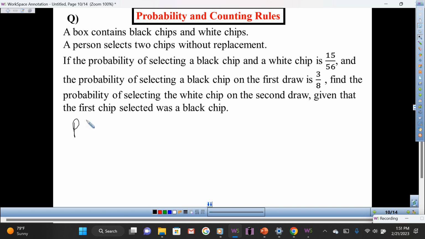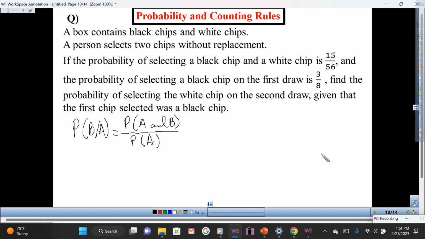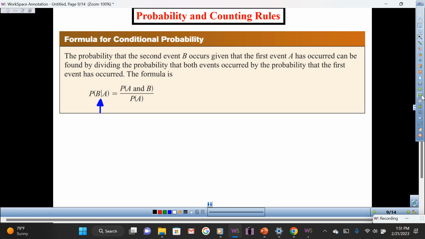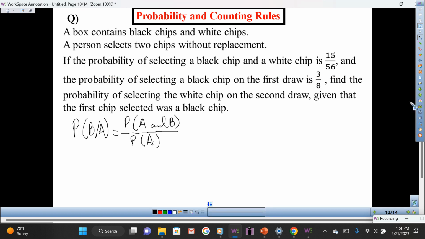The formula is P of B given A is equal to P of A and B over P of A. All right, so here we go.